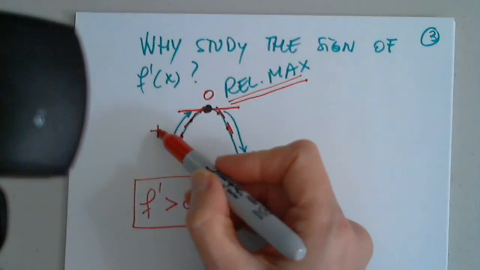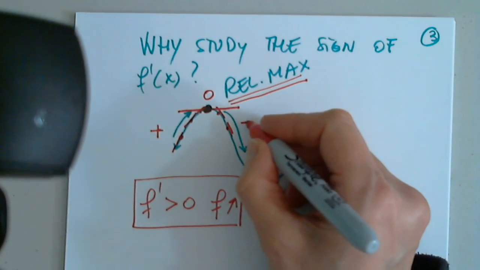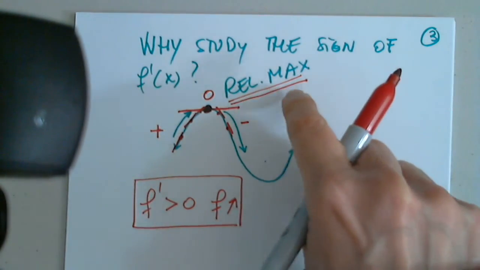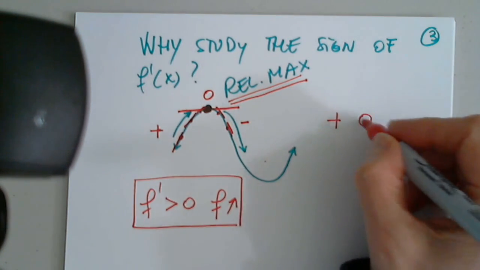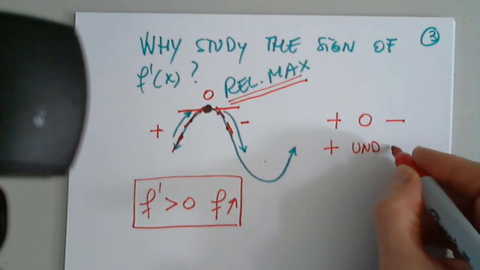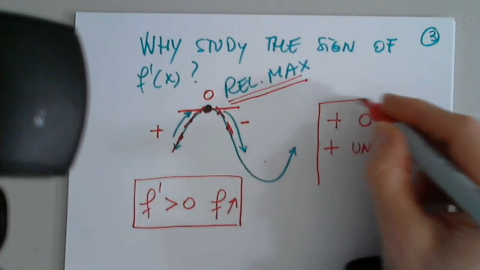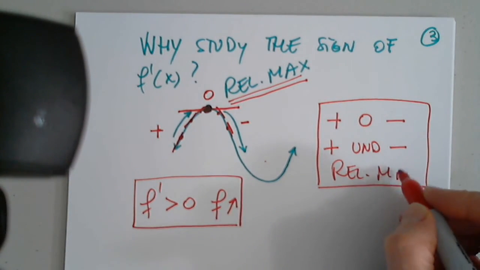So positive slope, 0 or undefined, and negative slope. So positive, 0, negative, or positive, undefined, negative. This is characteristic for a relative max.